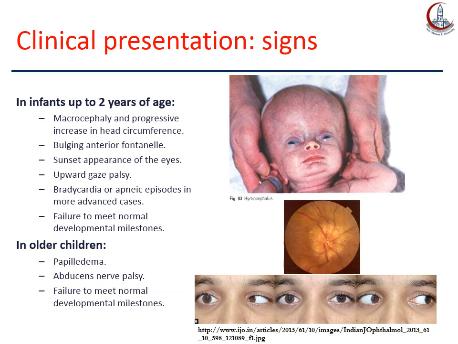In sunset appearance, the upper eyelid is raised, so even the sclera will be obvious. Also upward gaze palsy, bradycardia or apneic episodes in more advanced cases, and failure to meet normal developmental milestones. In older children: papilledema, abducens nerve palsy, and failure to meet normal developmental milestones.